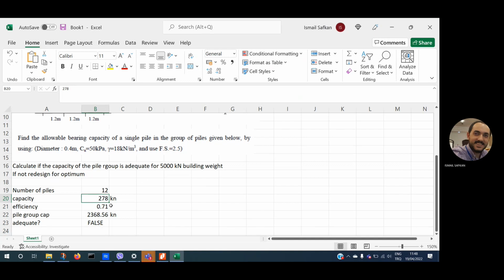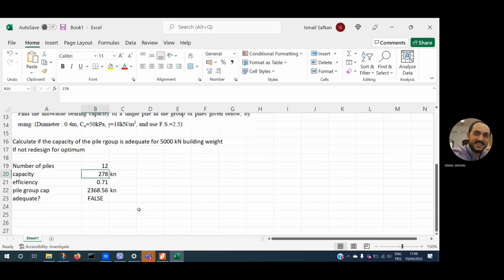I mean, deeper, closer, wider, and we will repeat. So let's say the first option, deeper, with the same quantity.